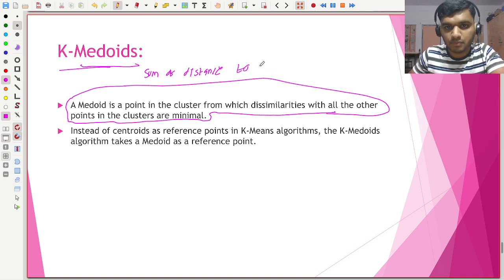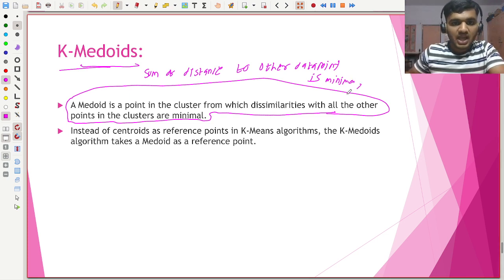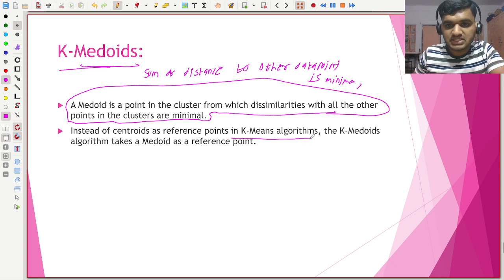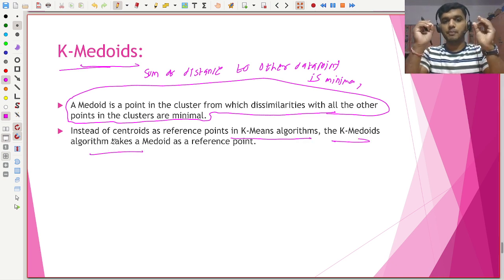So instead of the centroid as the reference point in the k-means algorithm, the k-medoid algorithm takes a medoid as the reference point.